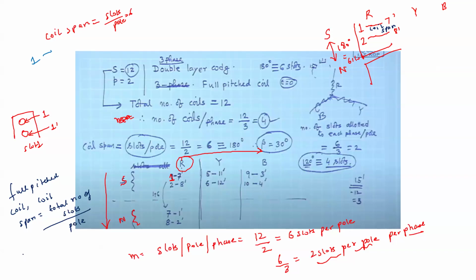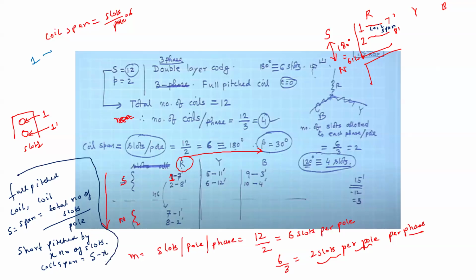And if it is short pitched by X number of slots, let us say the coil span is S, then the coil span will be S minus X. Like this, you can find the coil span.